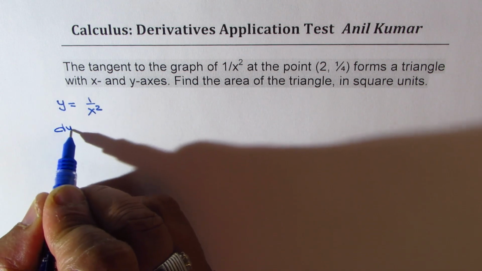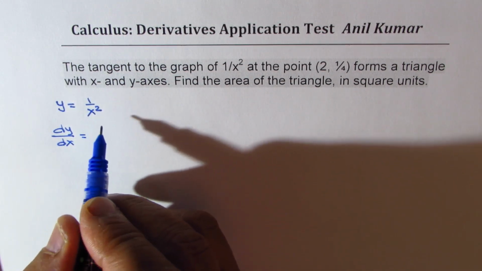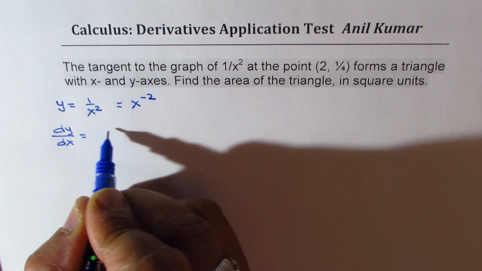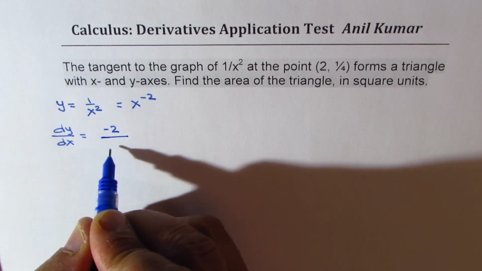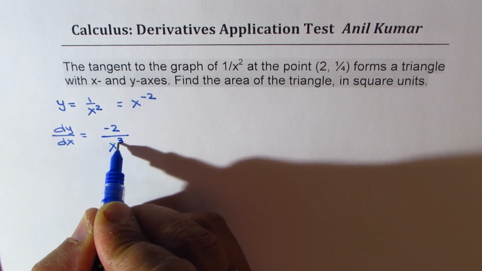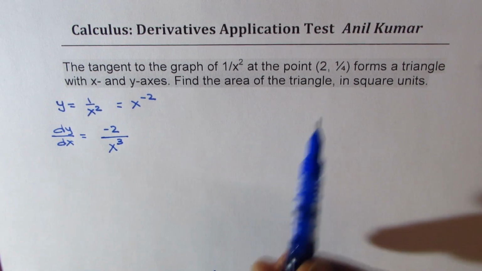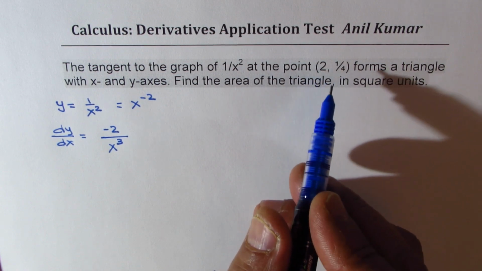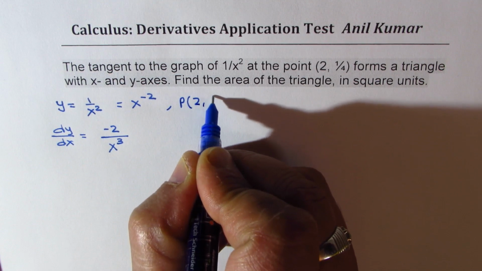The derivative of this function will be minus 2. You could write this as x to the power of minus 2, so that gives you minus 2 x to the power of minus 3. I could write it in the denominator, right? So that's the derivative. Now we need to find the derivative at x equals 2, since the point is (2, 1/4).